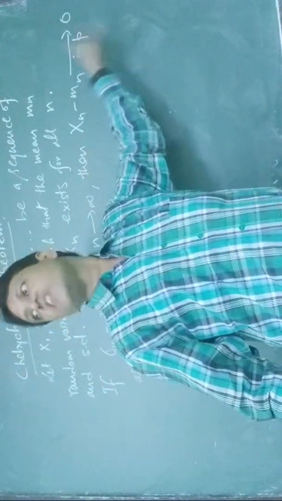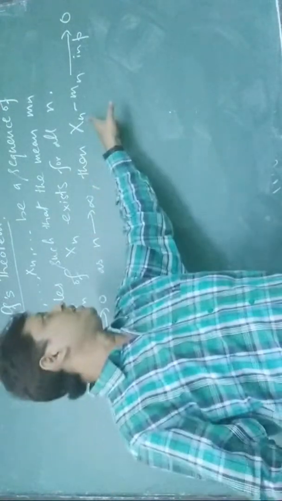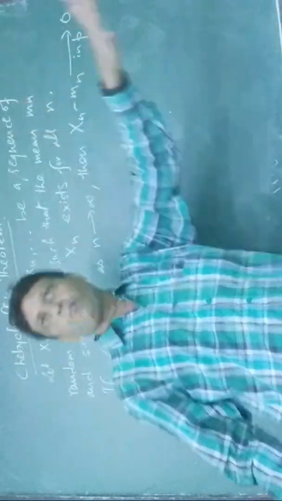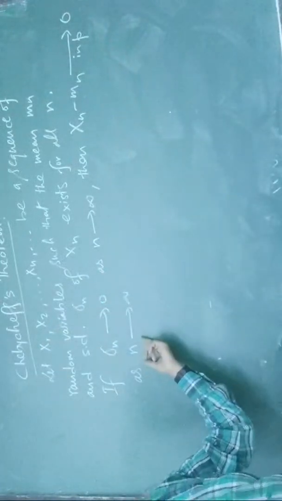The notation is in probability, because a sequence can be a real number sequence, but that is not the meaning here; xn is a random variable. So in p means in probability, as n tends to infinity. So we are going to prove this. Okay. Your first line of the proof will be this.